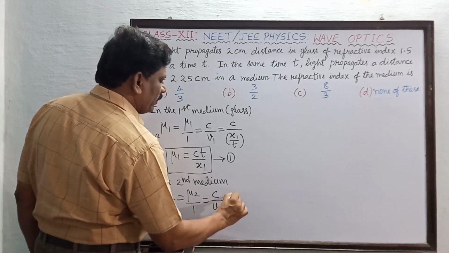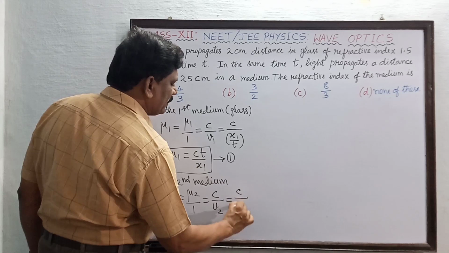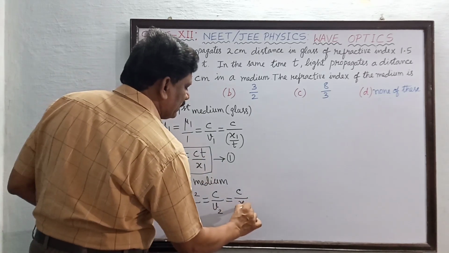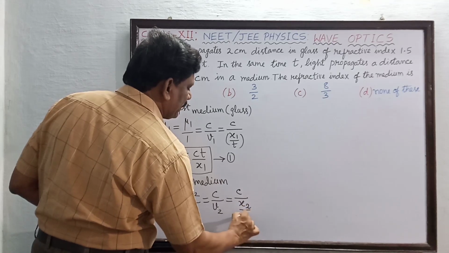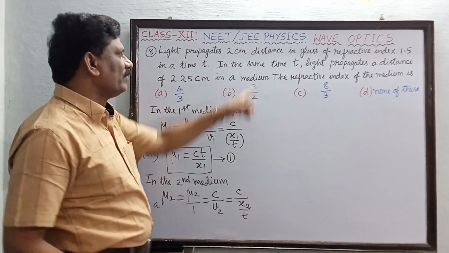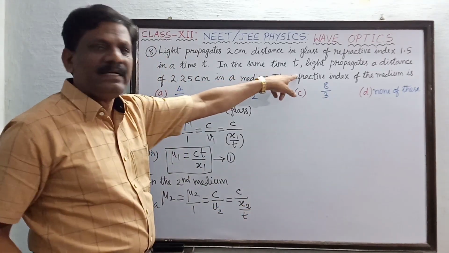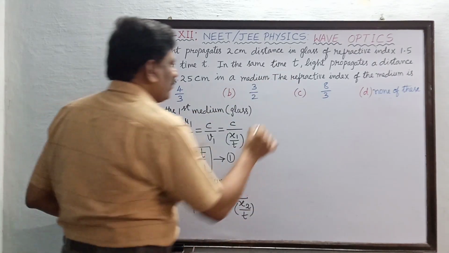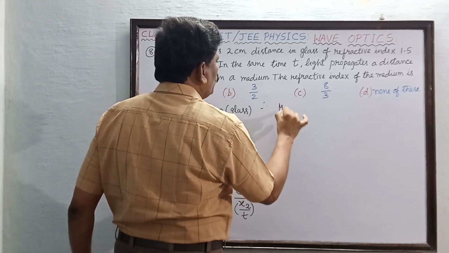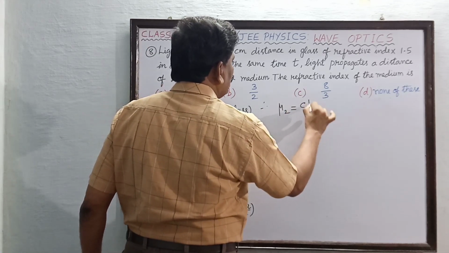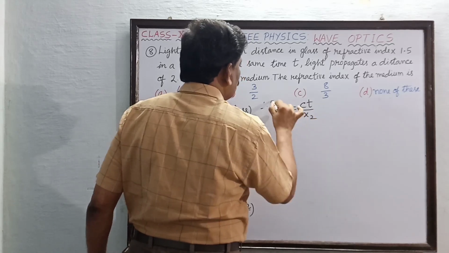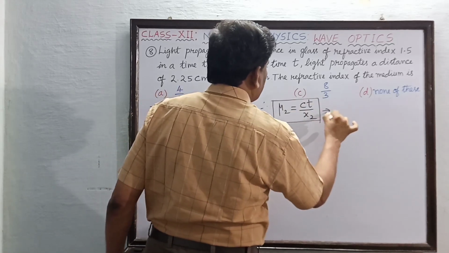So this is c divided by the distance traveled. It is not traveling the same distance, so some other distance is traveled, x2. But the time taken is the same, is it not? They have given that in the same time t, the distance traveled is different, that is x2. Therefore mu2 is equal to ct divided by x2. This is equation number 2.